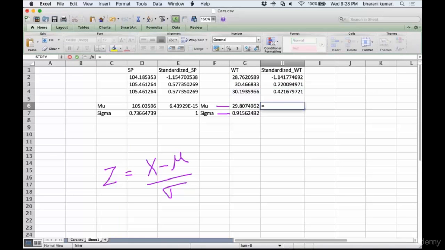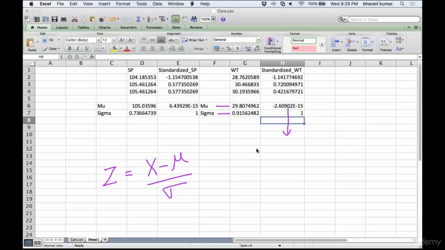Now, the property of standardized data is that the average should be equal to 0 and the standard deviation should be equal to 1, right? Again, if you're confused about what this value is, this is not 0.